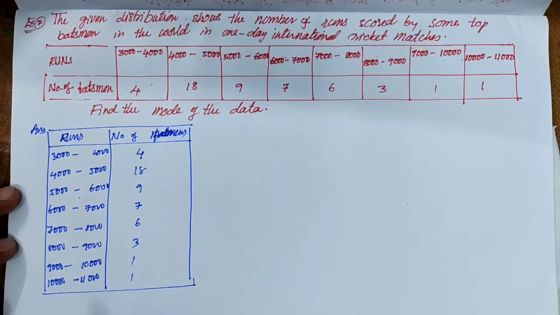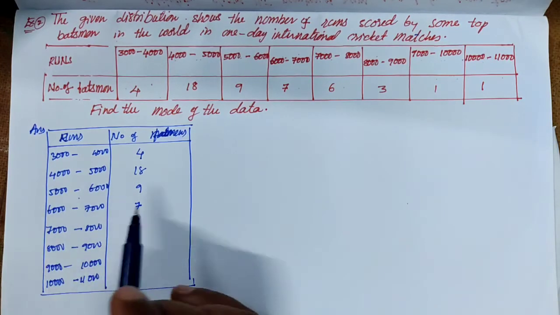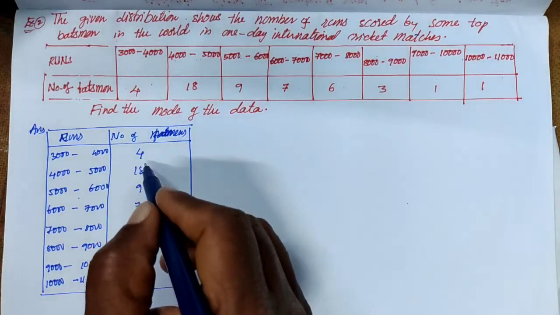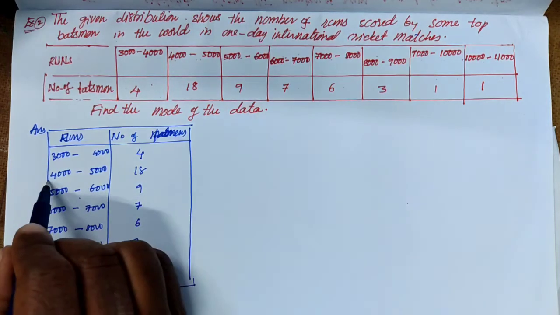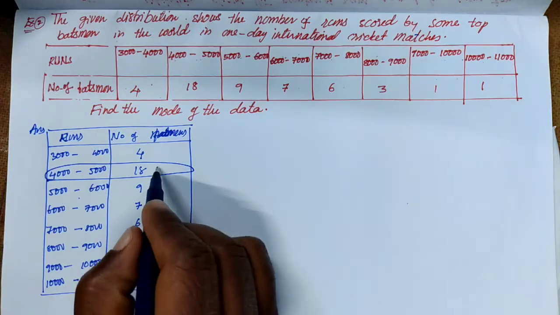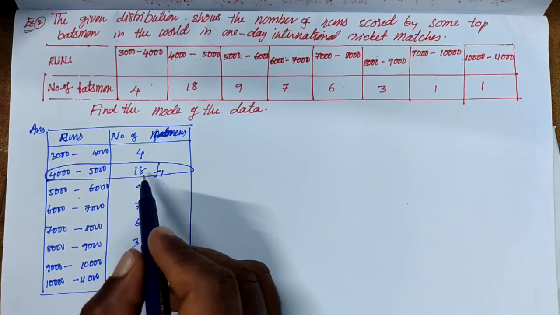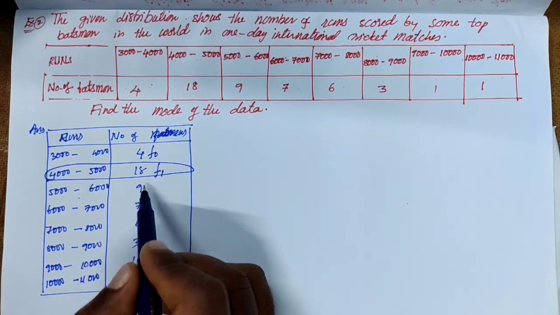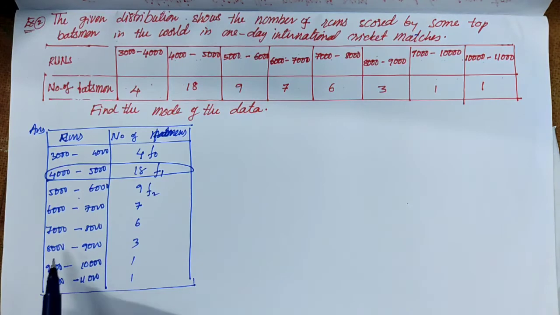So from this we have to find the modal class. Which is the modal class? The highest frequency among these is 18, so this is the modal class. This is F1, the one preceding this is F0, and the one succeeding this is F2.